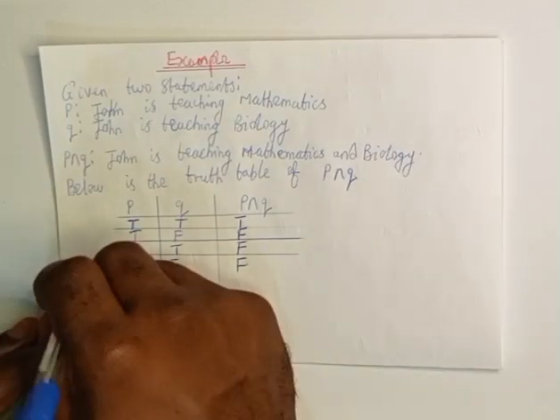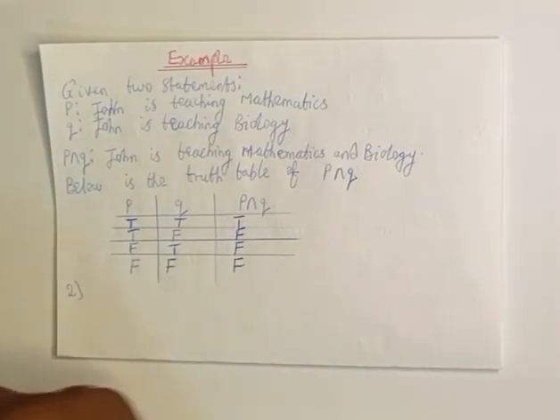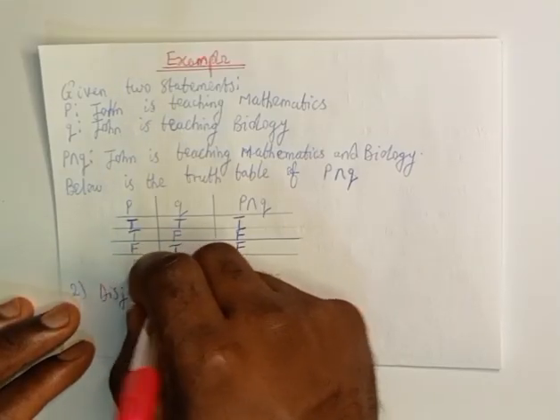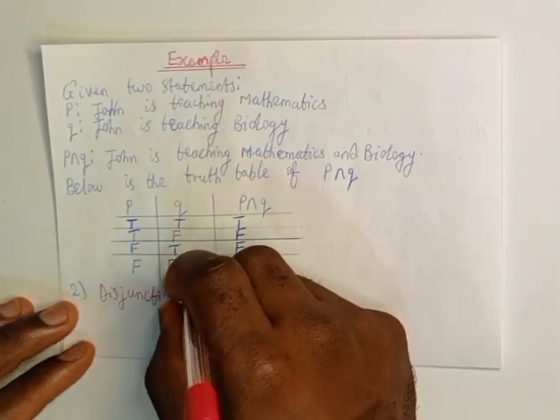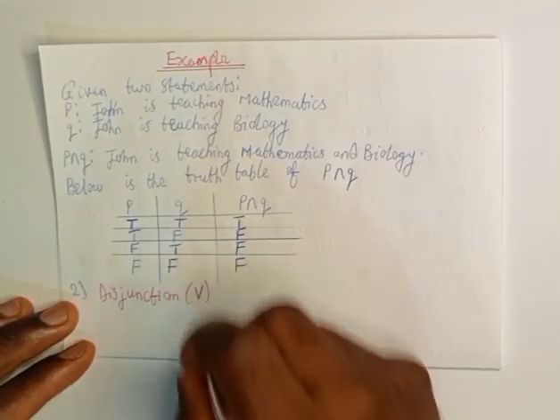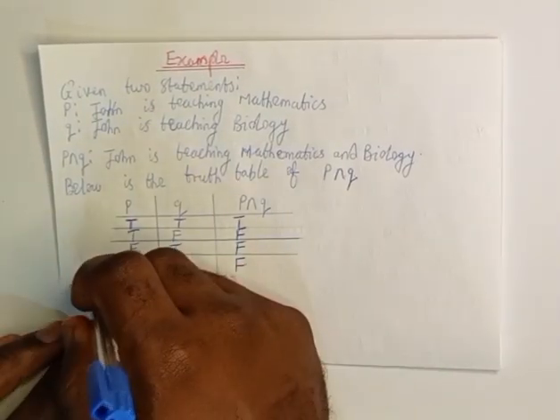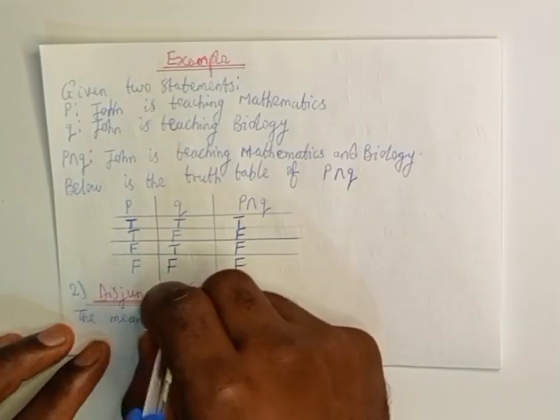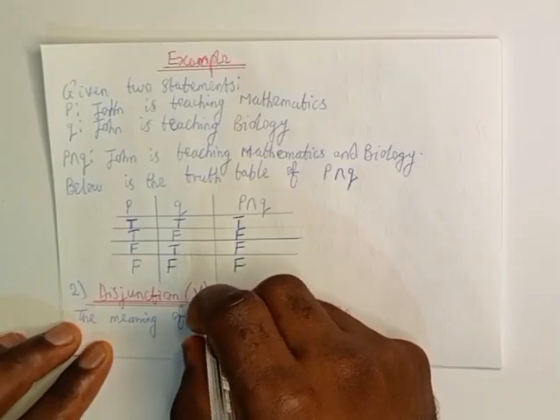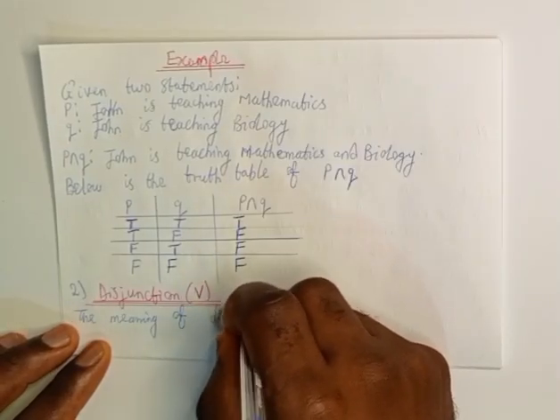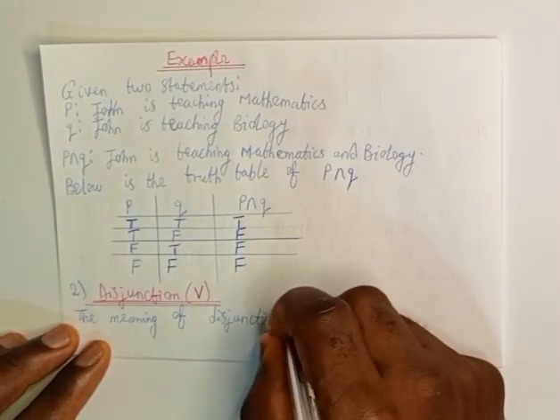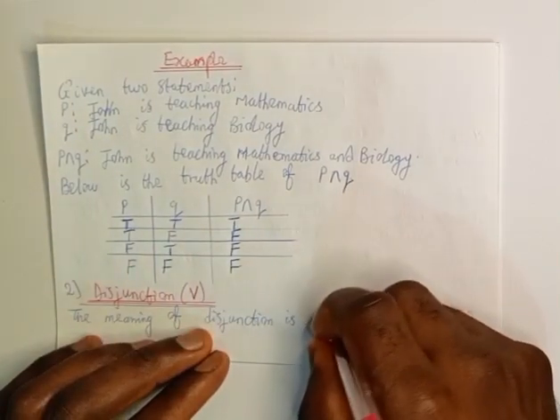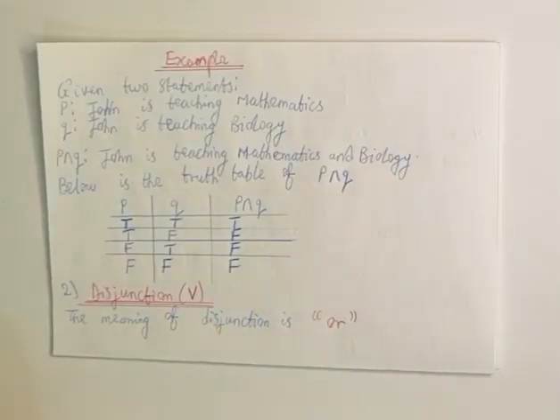We go now to 2, which is disjunction. The symbol for disjunction is a V as such. We take this down. The meaning of disjunction is or. That's the meaning of disjunction.